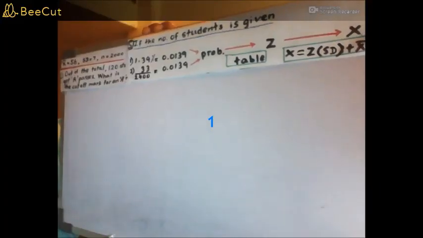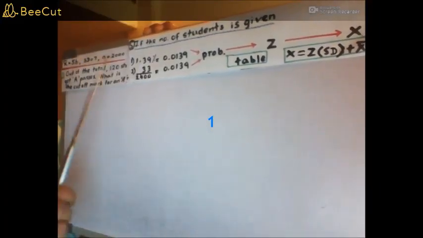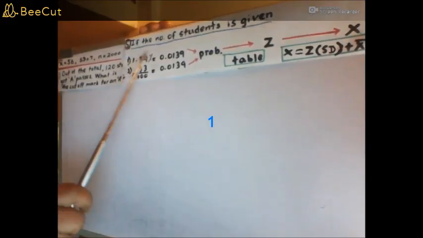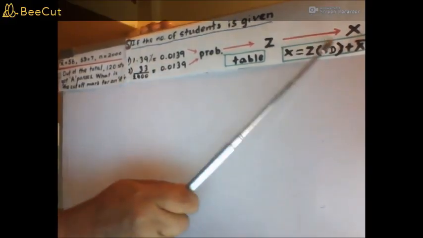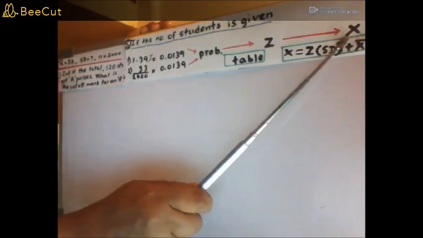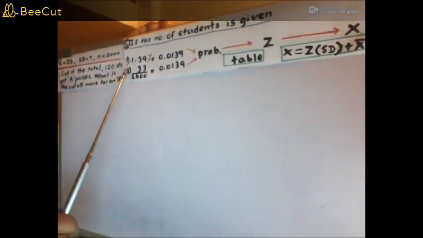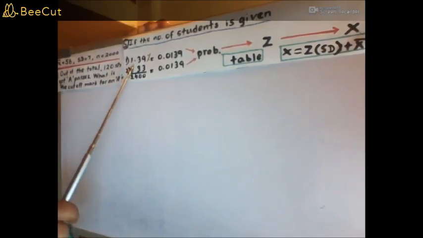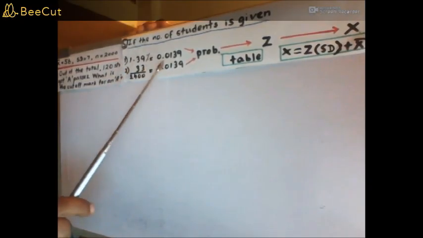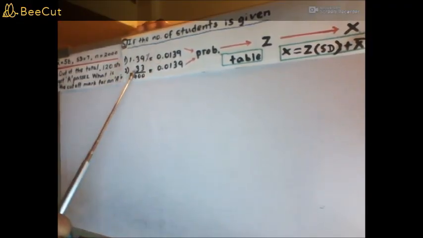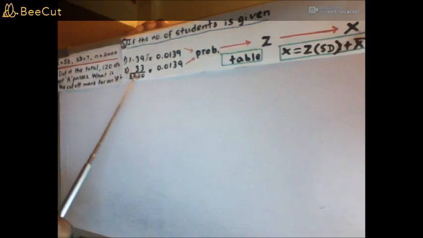We are going to do the next route, that is, if the number of students is given, they will give you the number and you have to find the relevant cutoff mark. They will give you the number of students in two ways: as a percentage, then you know how to get it into 4 decimals, or as a ratio, 33 divided by 2400 as an example.